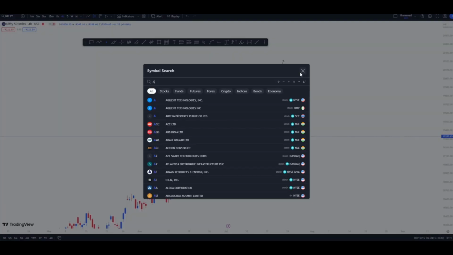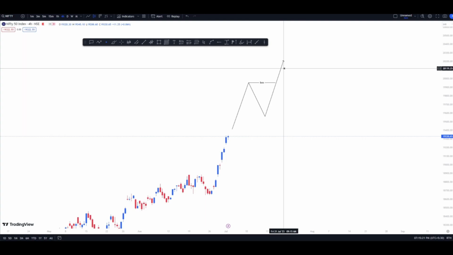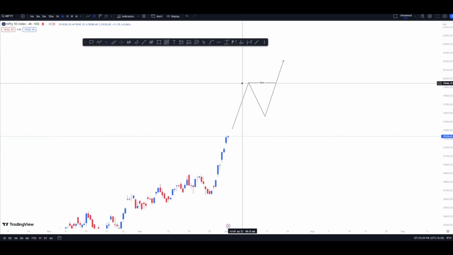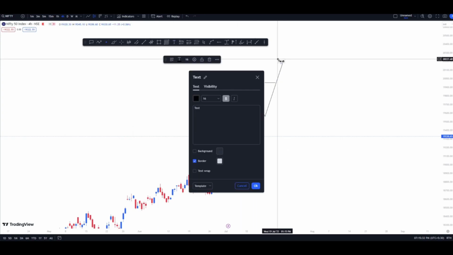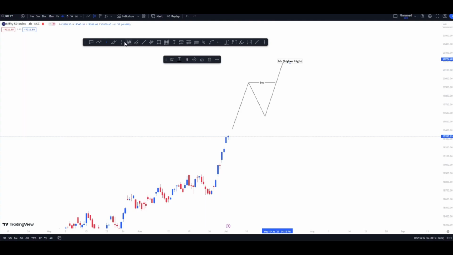Okay, why is it happening? We break the previous high and make a new high. If a new high is higher than its previous high, it's called a higher high. So this is my new HH, or higher high. And what will I call this new low as?